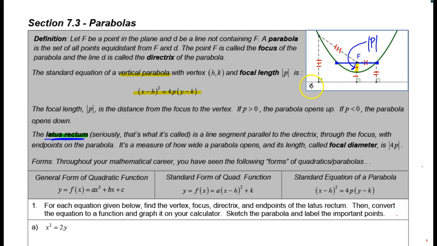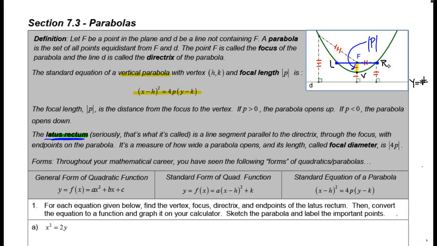I've got lowercase d, which is my directrix, and in this case, if the parabola opens up or opens down, the equation of the directrix is going to be y equals some number, because a horizontal line has an equation y equals a number. Then I have my vertex, which I'll try and label with the letter V. And then in this case, I have the left and right endpoints of the latus rectum.